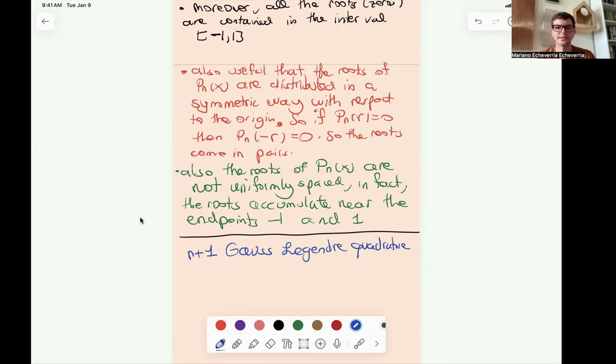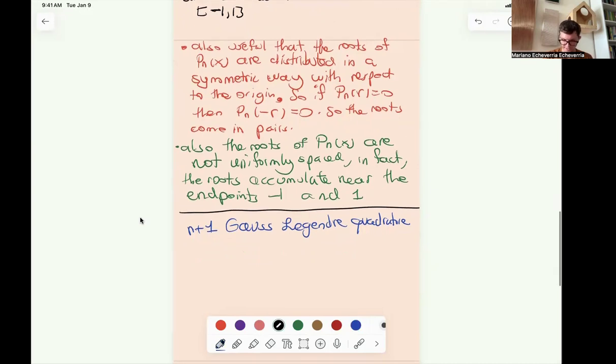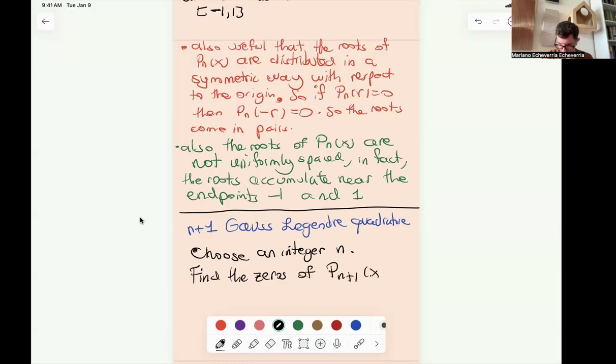So here's the algorithm. You choose an integer n. Then you look at the Legendre polynomial of degree n+1, and find the zeros of P n+1 of x.